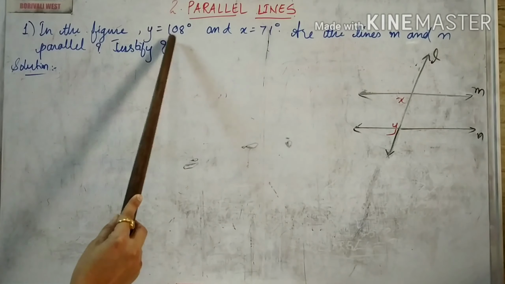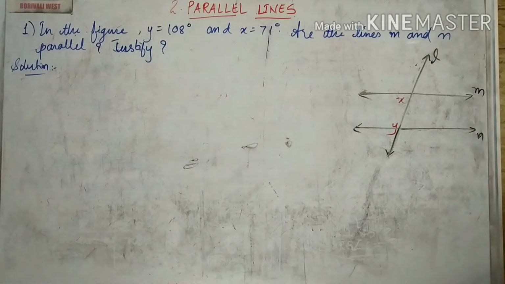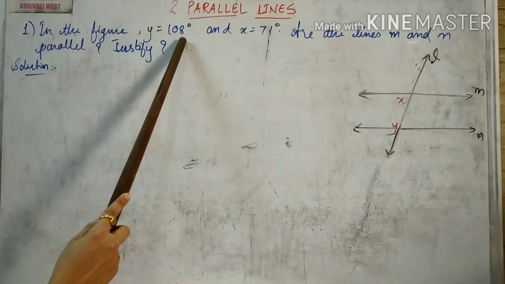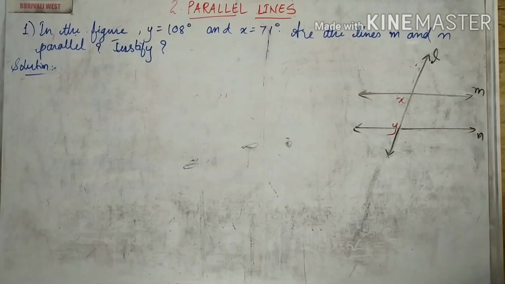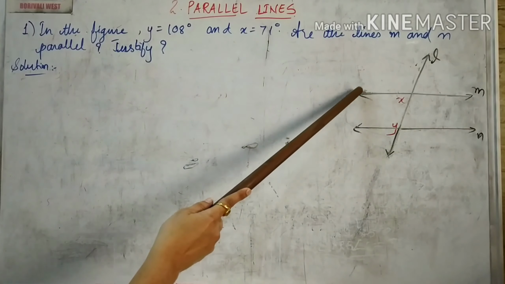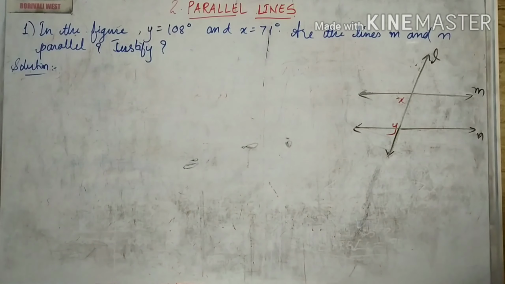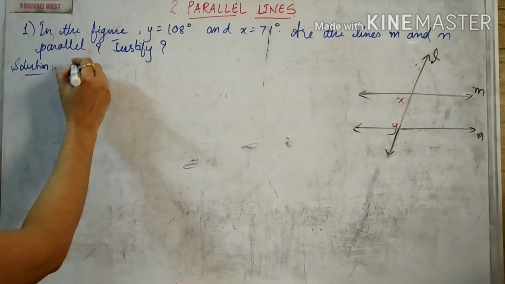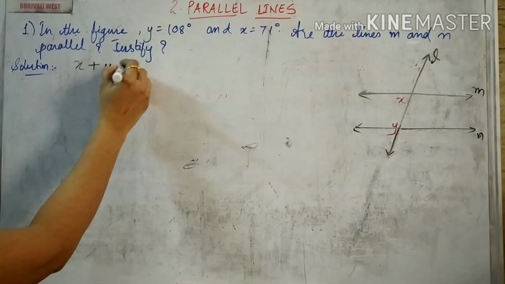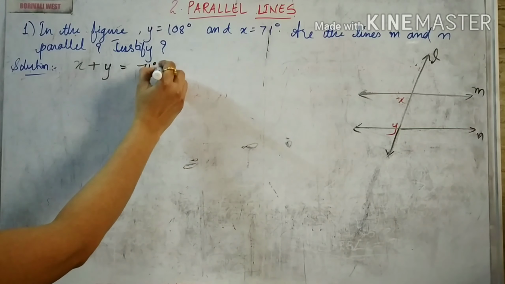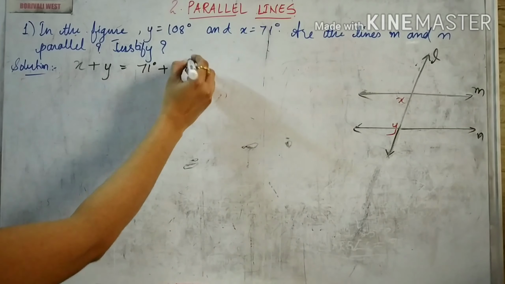So if I get x plus y as 180 degrees, meaning if I get 71 plus 108 as 180 degrees, then I can say that these two lines are parallel. So let us add and find out. x plus y is 71 degrees plus 108 degrees.